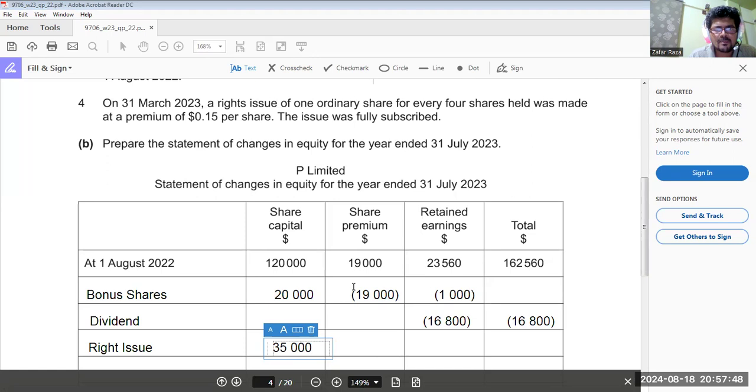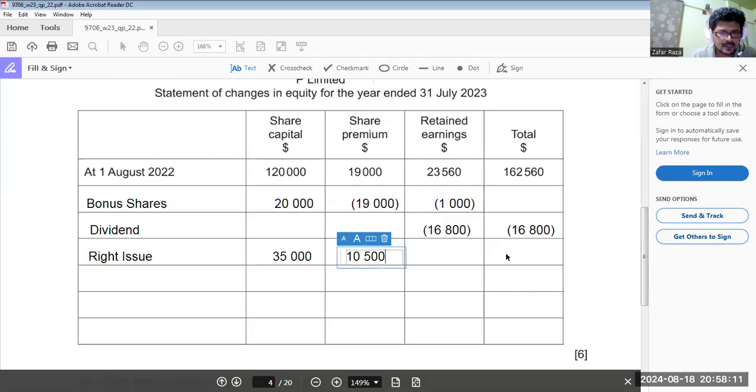Okay. Now premium is 0.15. It means if we are selling 70,000 shares multiplied by 0.15, the premium is 10,500. Okay. And of course, retained earning is not involved here, but our total increase is 45,500.